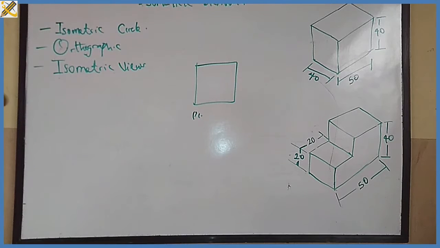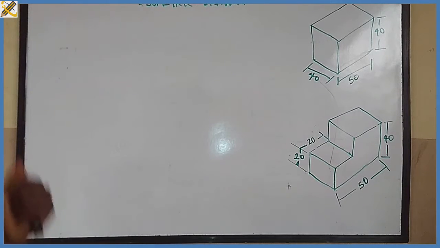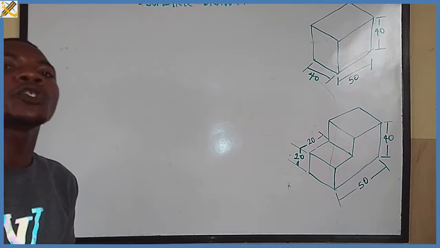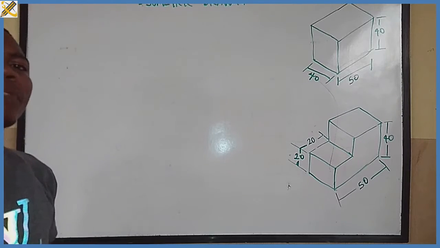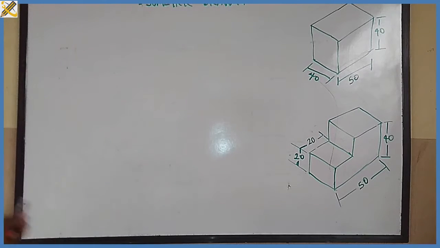Back to where I stopped earlier. Isometric drawing is a drawing which is projected at an angle of 30 degrees to the horizontal. When I say an angle of 30 degrees to the horizontal, what does that imply? Kindly look up.